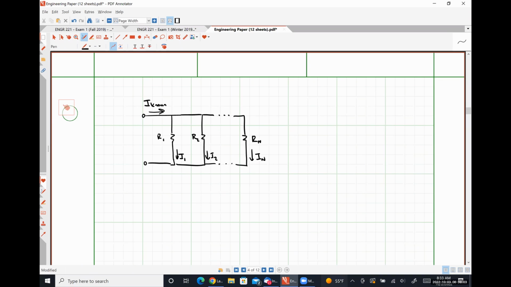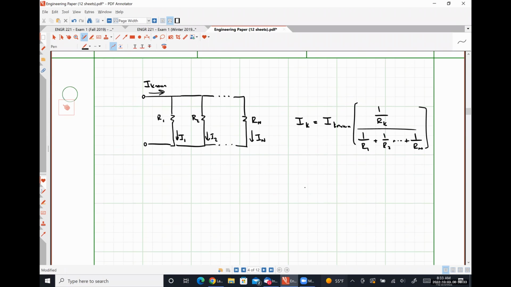The current division equation is I sub k, the current flowing through the resistor that we're interested in, equal to I known times (1 over R sub k) divided by (1 over R1 plus 1 over R2 all the way out to 1 over R sub n). Yes, all of the resistors in parallel should be in the denominator, the sum of the reciprocals of all of the resistors that are in parallel.